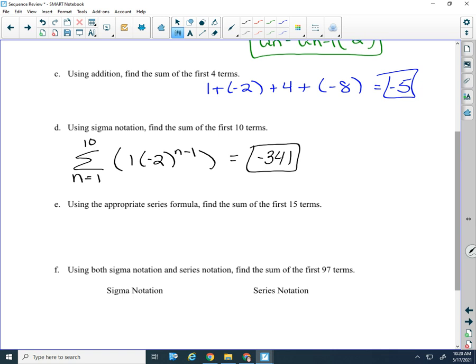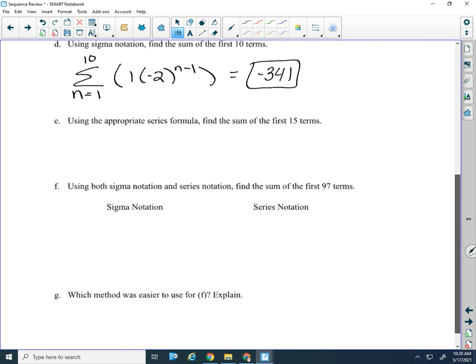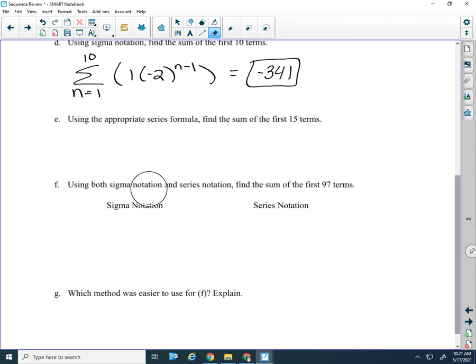Part E, using the appropriate series formula, find the sum of the first 15 terms. Now for a geometric series, this one's much easier. So we just say S sub 15, well, I guess I'll write the formula first. It's always good to write the formula. S subscript n, first term minus first term, rate, number of terms over 1 minus rate.